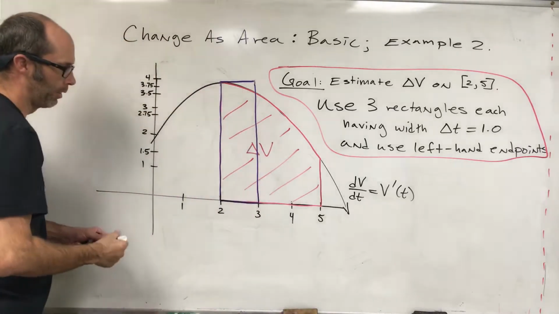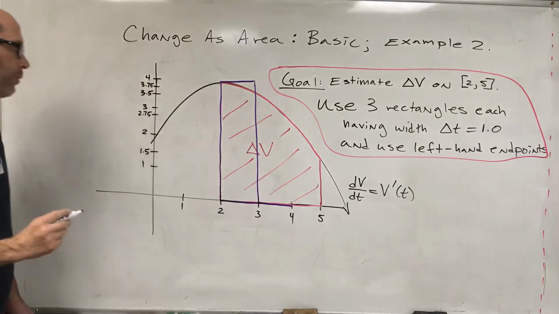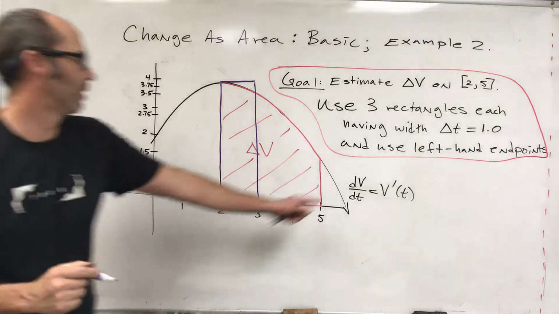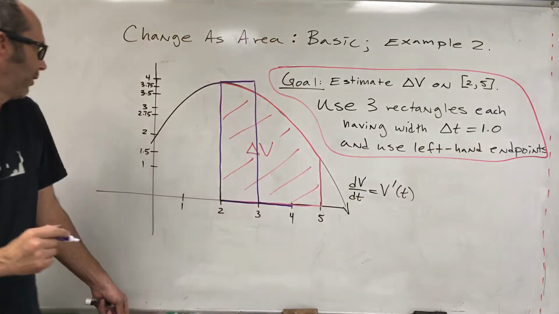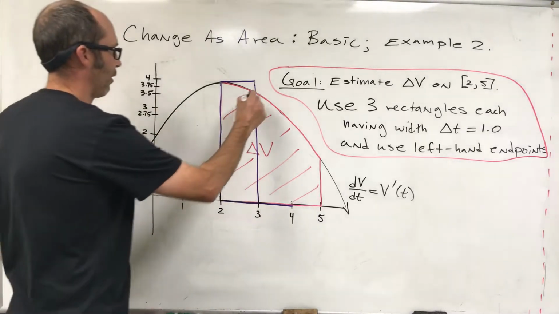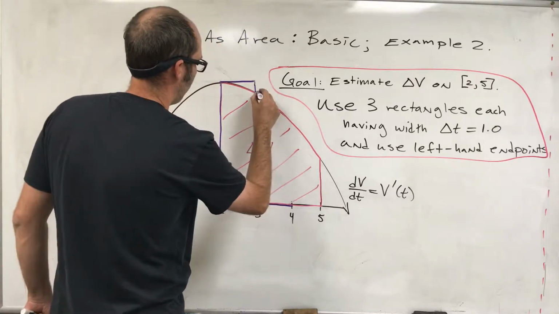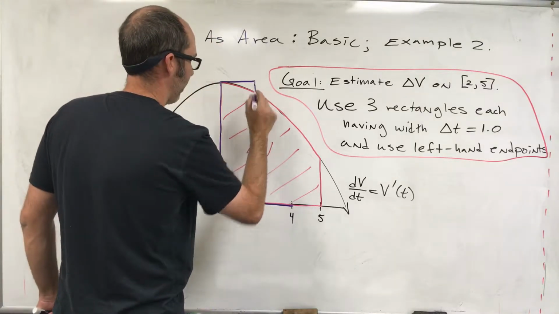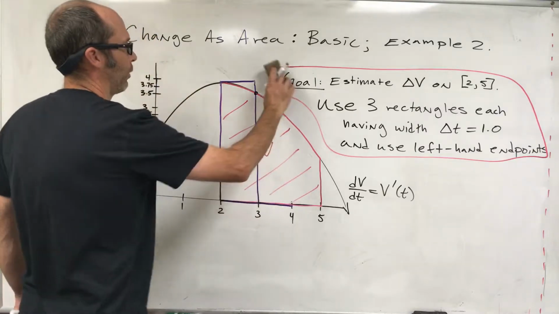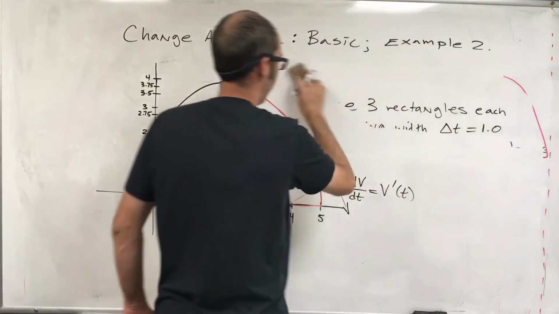Now my second rectangle, the width goes from 3 to 4. Remember, I'm using left-hand endpoints to determine my heights. So v prime of 3 tells me how far to go up to there. Looks like I'm going to run out of room here.